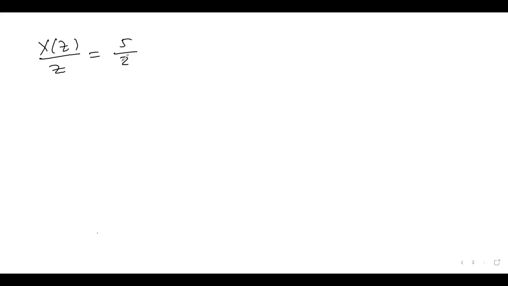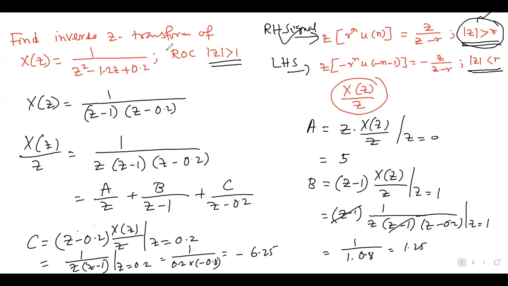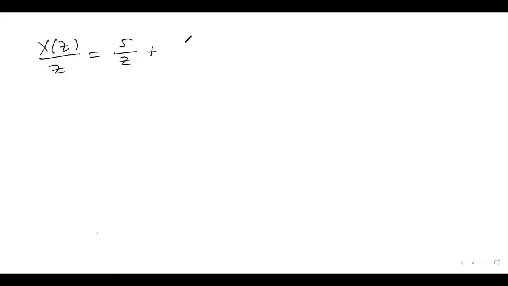হয়ে গেল, তাহলে Xz by z is equal to 5 by z plus B by z. তিনটা অঙ্ক দিয়েছি, আমি পার্শিয়াল ফ্র্যাকশনে দিয়েছি, পরীক্ষায় লং ডিভিশন দিইনি, দেখে নাও ভালো করে। Xz by z is 1.25 by (z minus 1) and minus 6.25 by (z minus 0.2).